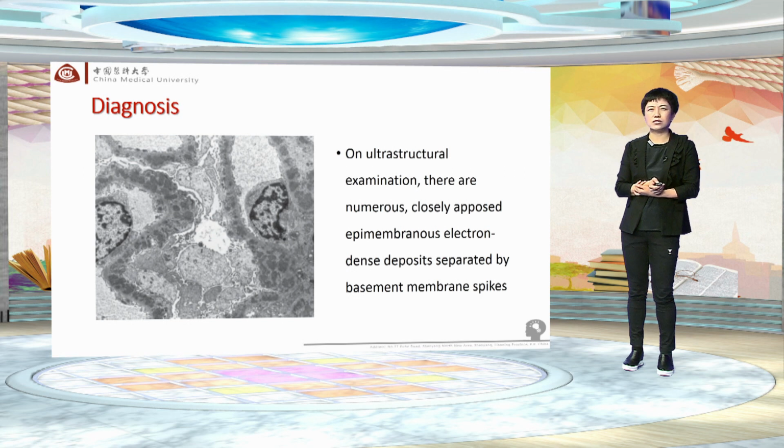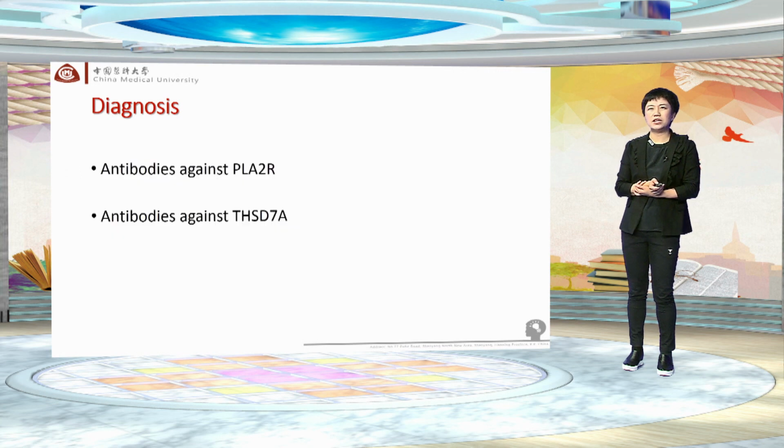The presence of circulating antibodies to the M-type phospholipase A2 receptor is highly sensitive and specific for idiopathic membranous nephropathy. Confirming the diagnosis of membranous nephropathy in patients with a compatible clinical presentation is pivotal in guiding management and treatment decisions.